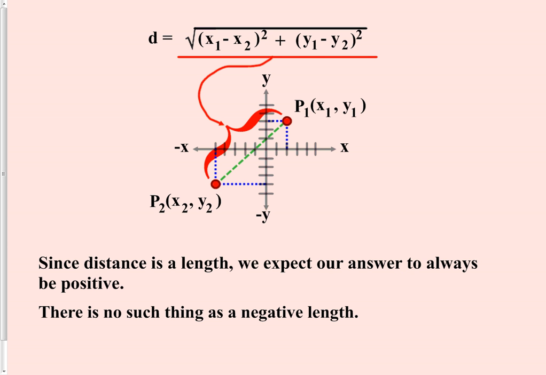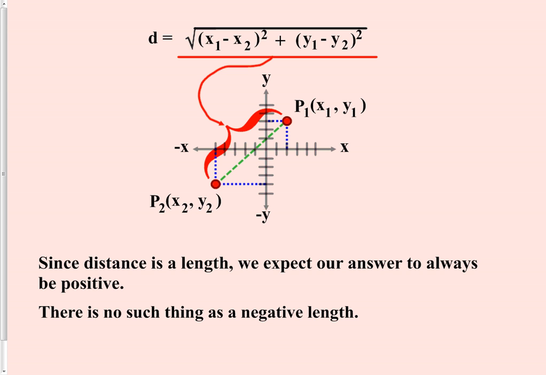Okay, so we talked a little bit about some things about distance. Remember that there is no such thing as a negative length or a negative distance, and it makes sense when you look at the formula. The difference of the x's is going to be squared. Squaring something means to multiply that thing times itself.